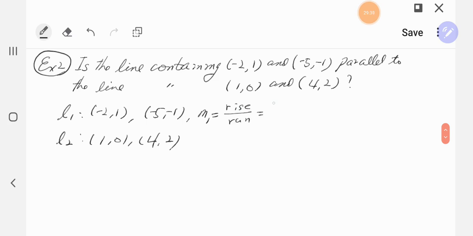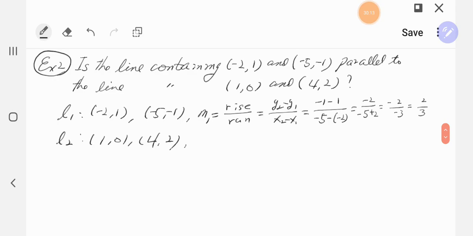So y2 is negative 1 minus y1 is 1, over x2 negative 5 minus x1 negative 2. Then this is negative 2 over negative 5 plus 2, so negative 2 over negative 3. Negative negative is positive, so 2/3. The slope of the first line is 2/3.